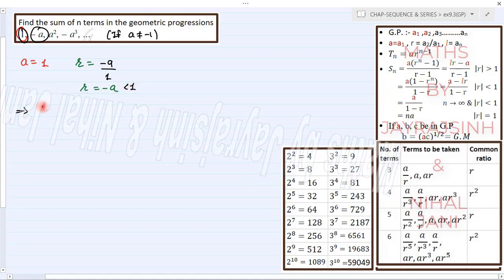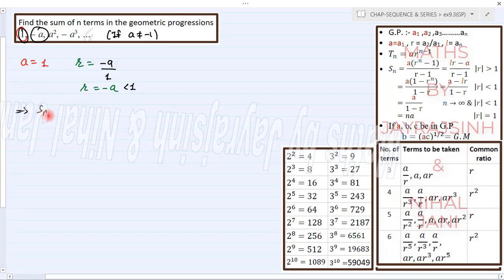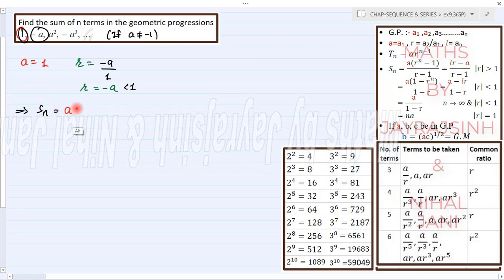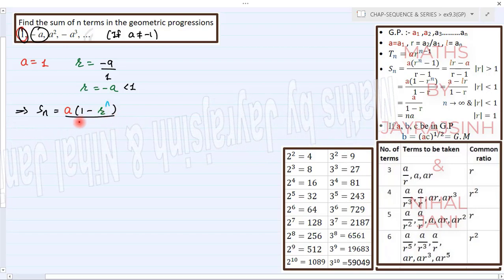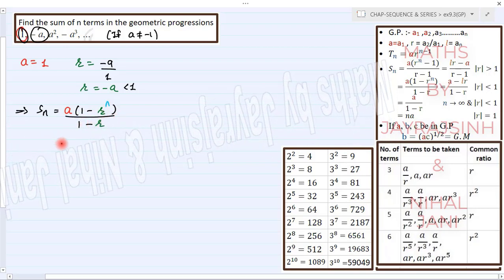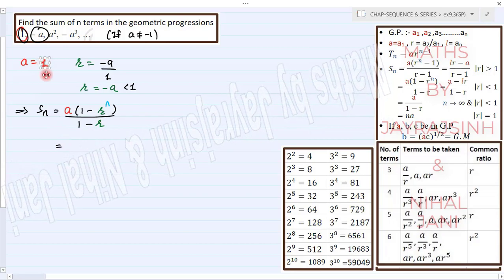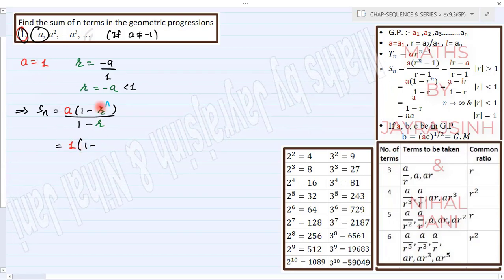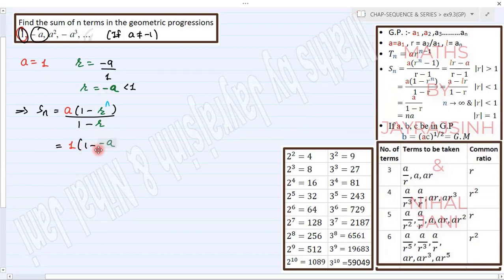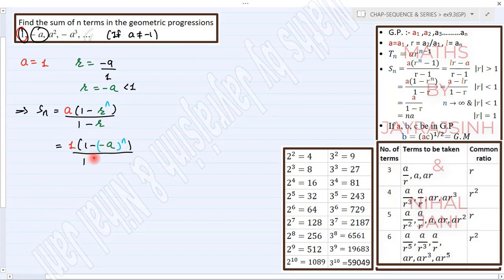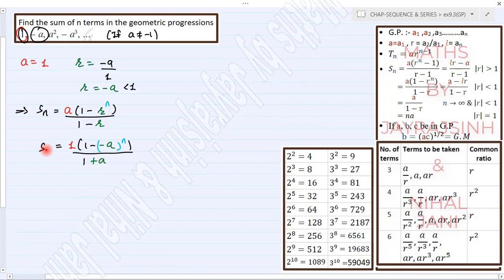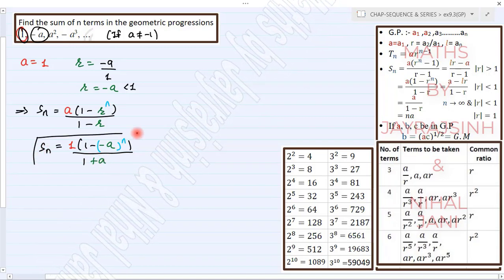Now, for r less than 1, your Sn is given as a into (1 minus r raised to n) upon (1 minus r), where a is 1 and r is minus a. So in the denominator, we'll get 1 plus a. So this is your final answer.